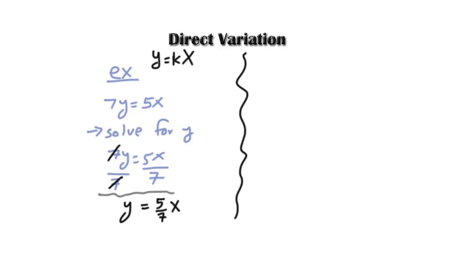Now let's take a look at example 2. Let's say you have 2y plus 5x is equal to 3. Again, we want to check to see if this equation is a direct variation equation. So again, we're going to solve for y. Let me rewrite that one more time.